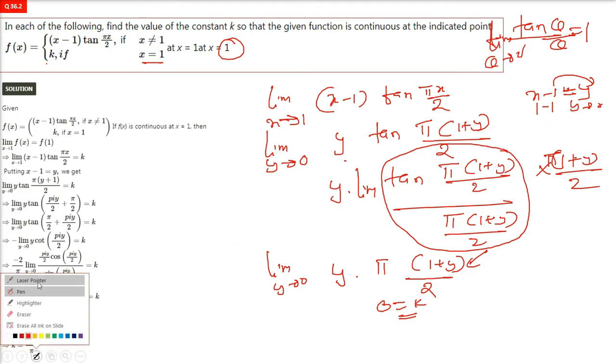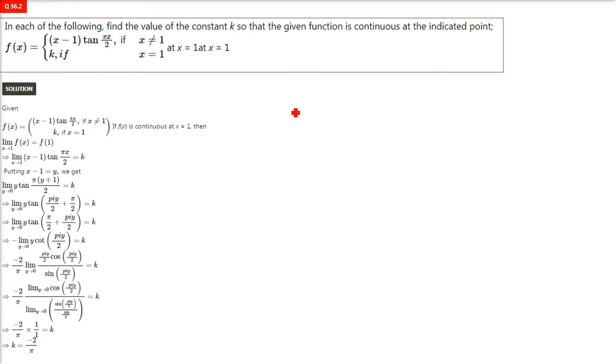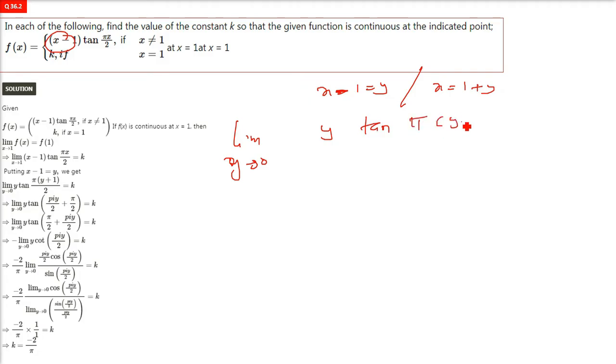See here, this x minus 1 equals y. You have to take this x minus 1 equals y. That is going to remain the same. That won't change. So this x will become y plus 1. Those steps will go on like that. So limit y tends to 0 and y tan of pi times (y plus 1) by 2. Now you see here, we will use this pi by 2.